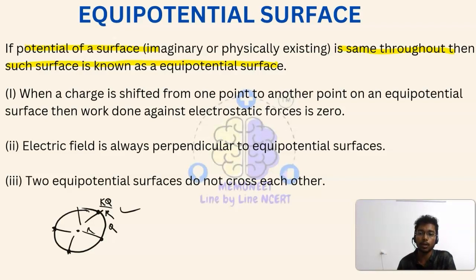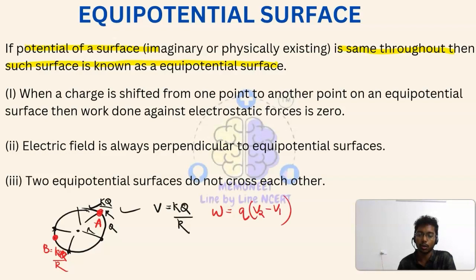When a charge is shifted from one point to another on an equipotential surface, the work done against the electrostatic force is zero. Let's say the potential at position A is kq/r, and at position B it is also kq/r. The work done is q times (V2 minus V1).